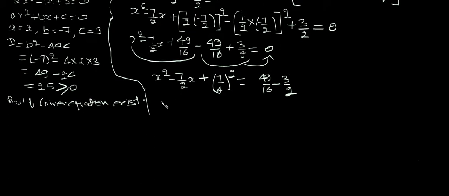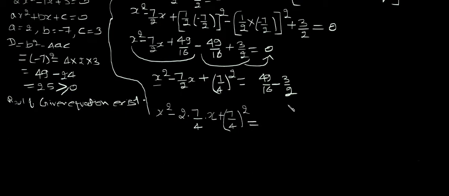So I can write this x square as it is. Now this I can write as 2 into 7 by 4, right? So 7 by 2 can be written as 2 into 7 by 4. X is already there, plus 7 by 4 whole square is already there.